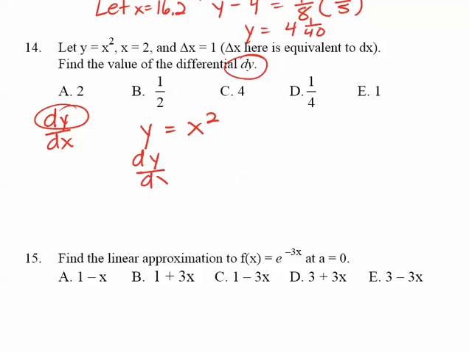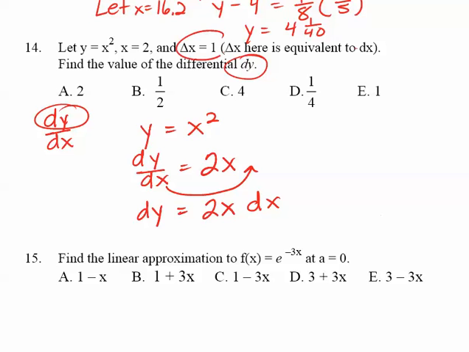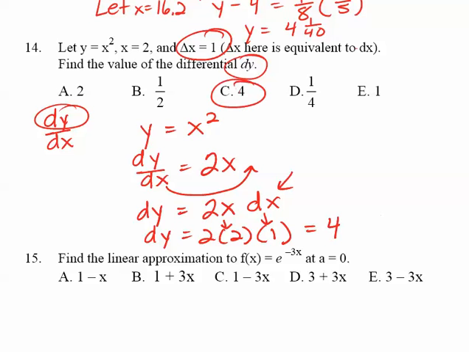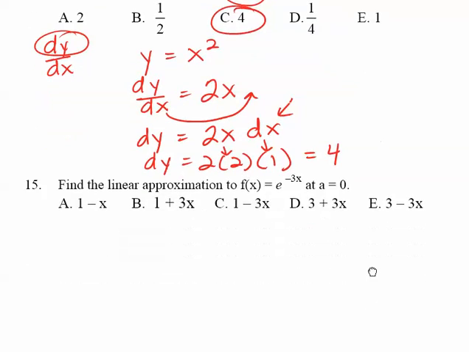So dy dx is equal to 2x, and if I move the 2x to this side, our differential for dy has the value of 2x dx, and delta x becomes our dx. So when x is equal to 2, and dx, or delta x, is equal to 1, our differential will be 4. So that's a problem. We really haven't seen the terminology, but there's really not much to it.